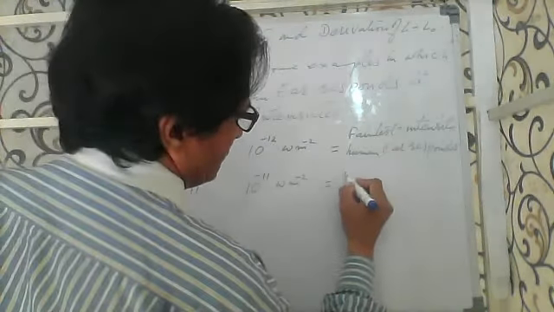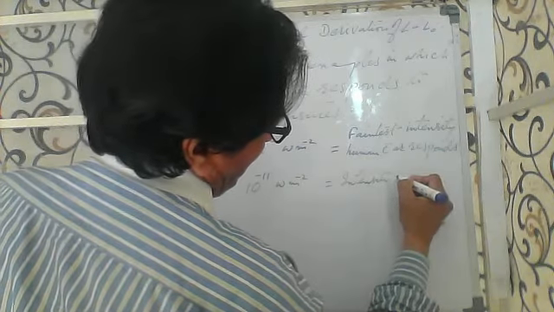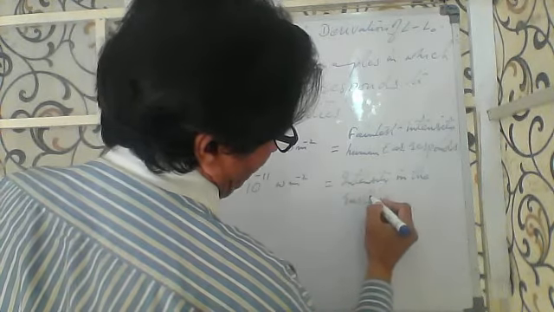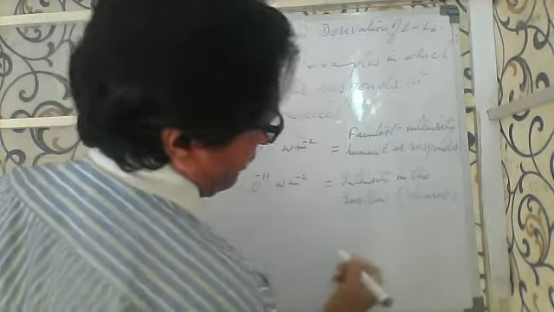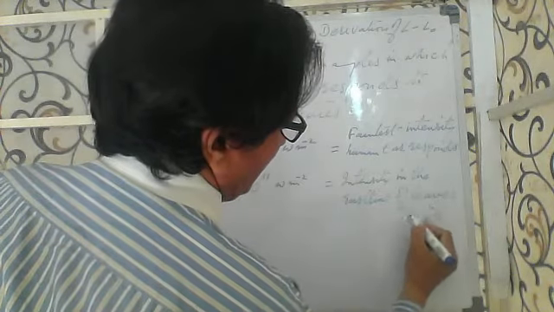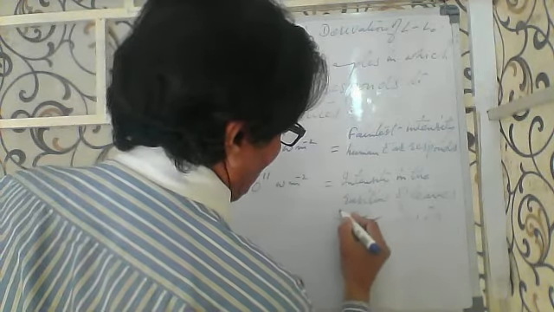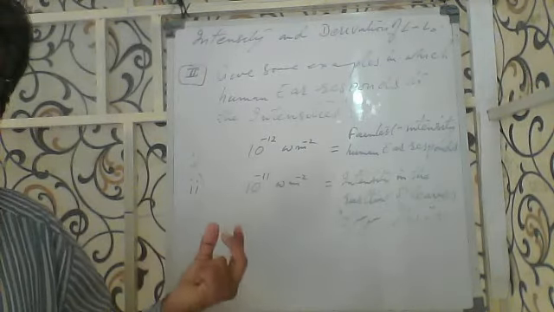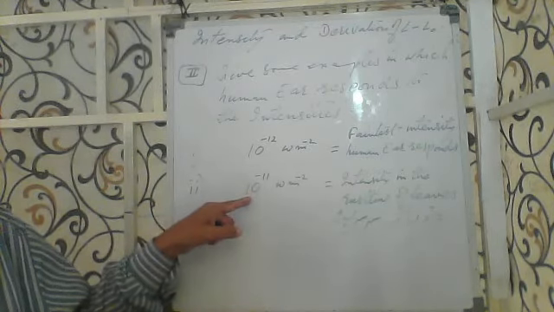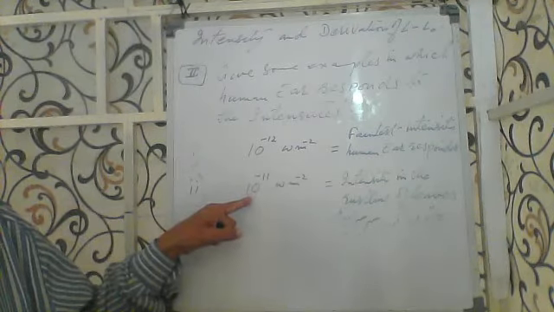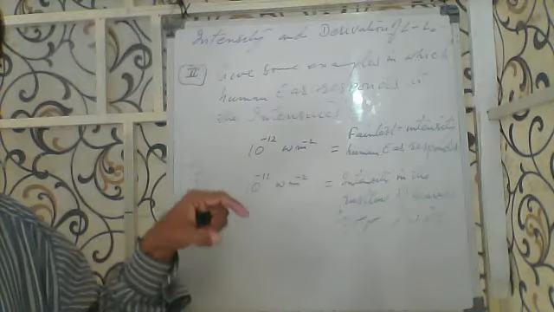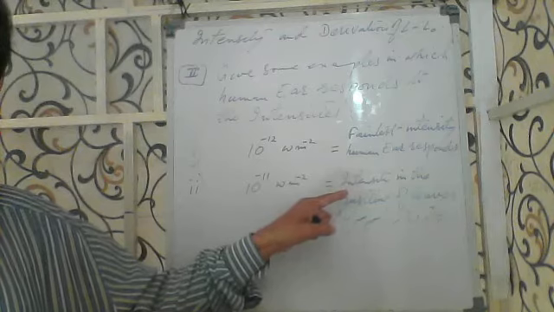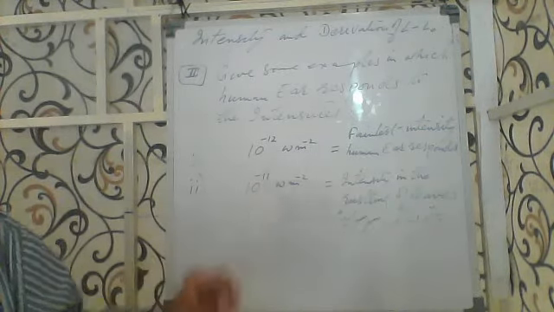It is the intensity in the rustling of leaves. यानी पत्तों की जो सरसराहट है, rustling of leaves possess energy, and that energy comes over here in the form of intensity. कि उस के अंदर जो एनर्जी पाई जाती है, उस एनर्जी की वजह से शिद्दत कितनी हो जाती है, how intense that intensity is in the rustling of leaves, and that is 10 raised to power minus 11 watt per meter square.